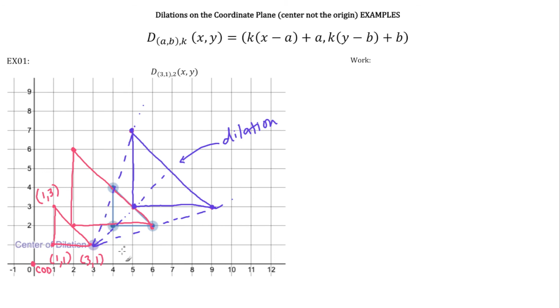I want to label my original points 4, 2. This vertex right here is 6, 2. And this vertex right here is a 4, 4, it looks like.